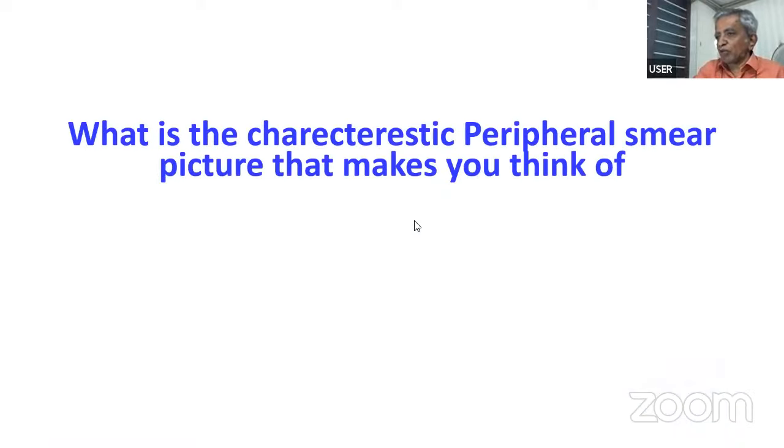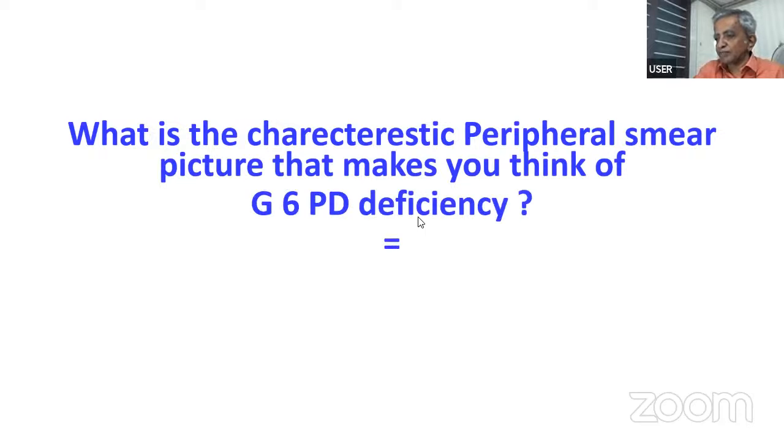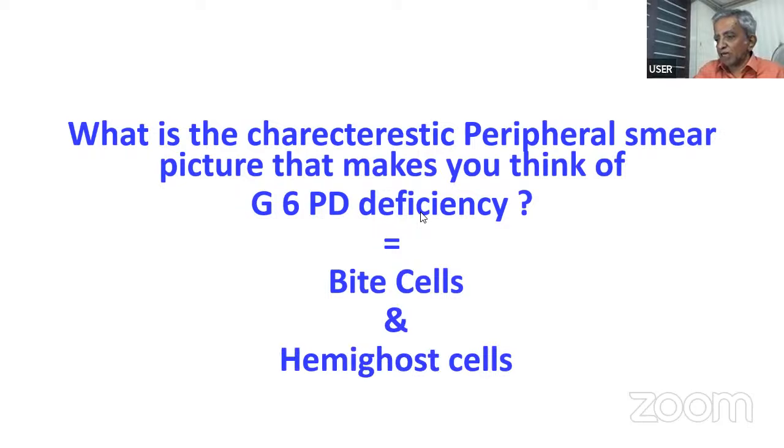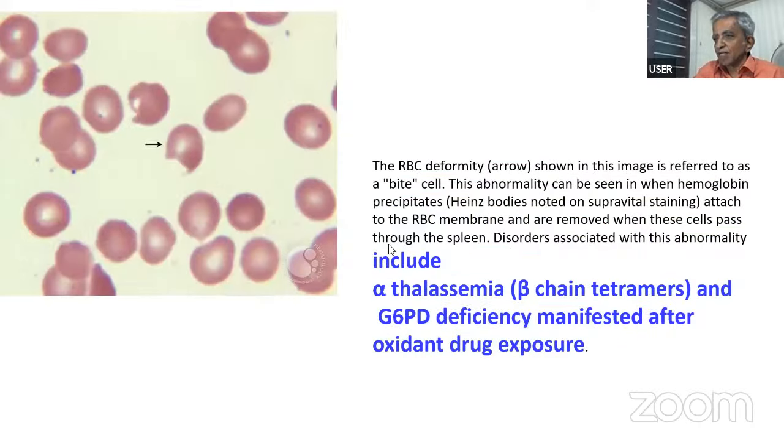What is the characteristic peripheral smear picture that makes you think of G6PD deficiency? One is bite cells, the other is hemighost cells. It came in the MCQ, bite cells and hemighost cells. Let us look at it. Now you find this is the bite cell. This portion has been completely bitten away. That is classical of two conditions.